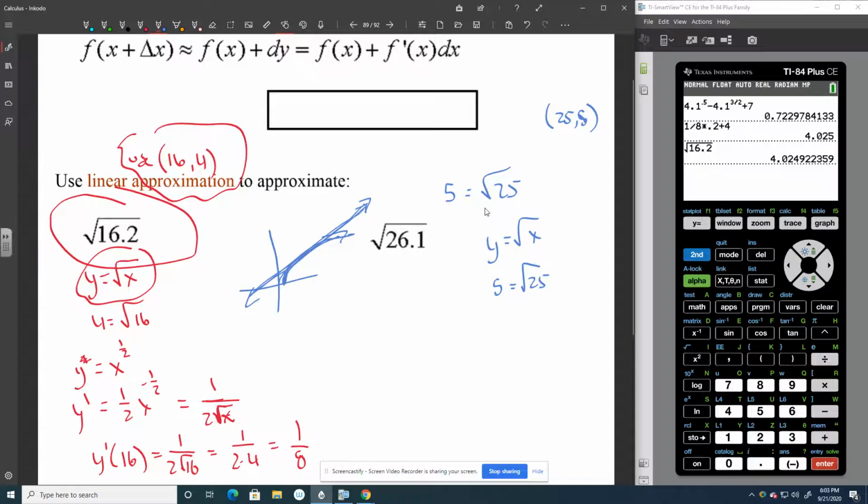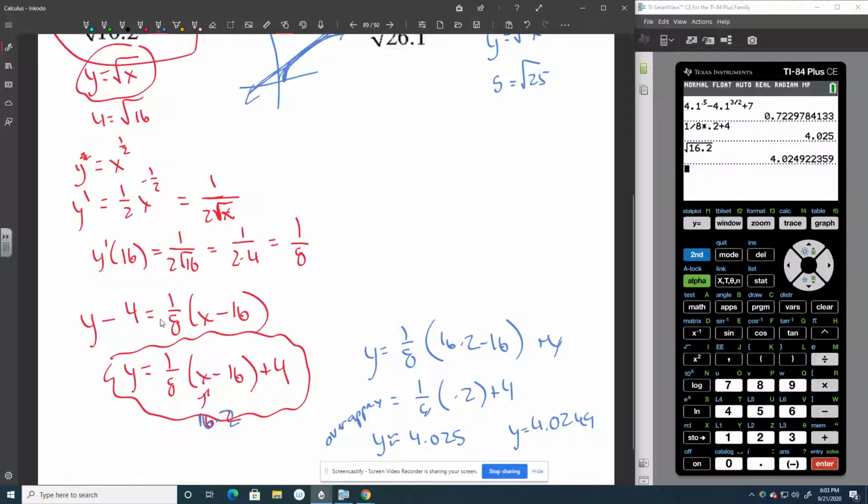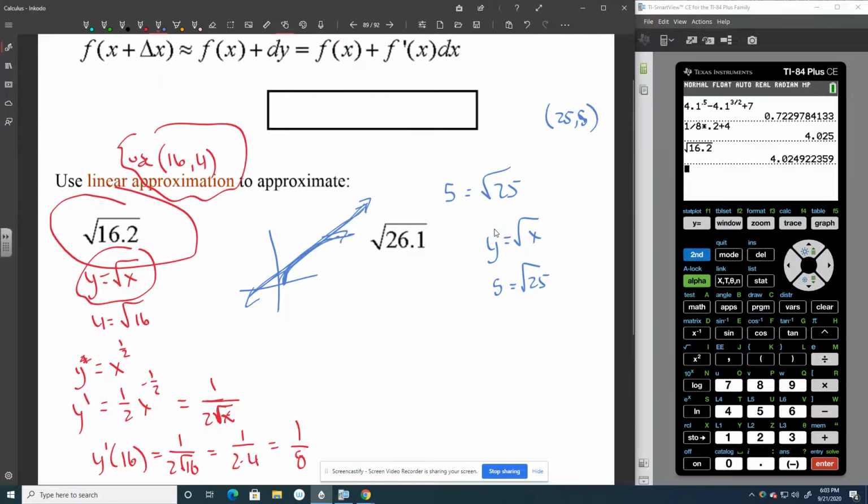But I can't just plug that into 1/8 x minus 16. I have to find a new linear function, using the slope at this point instead of 16. So you can go ahead and work through that problem on your own.